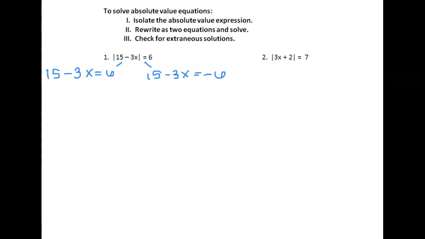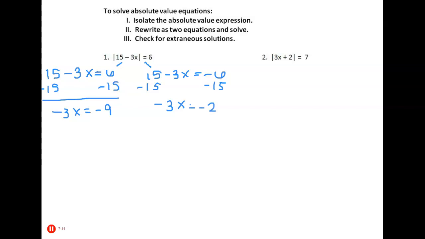So then what we do is we solve for x in both equations separately. So you subtract 15, divide by negative 3.